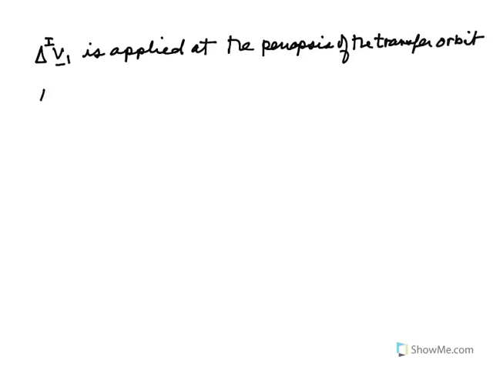And similarly, or maybe oppositely, delta V2 is applied at the apoapsis of the transfer orbit.